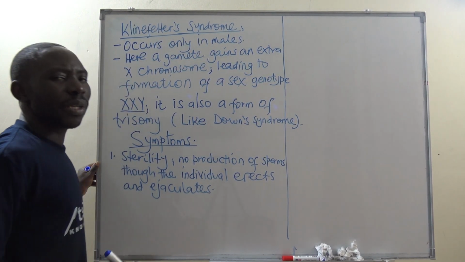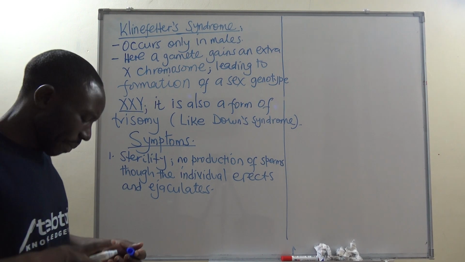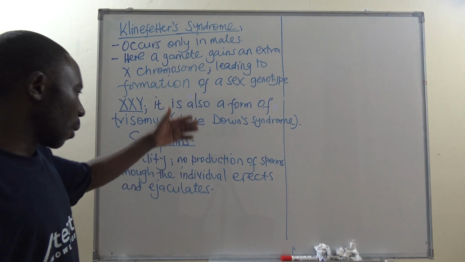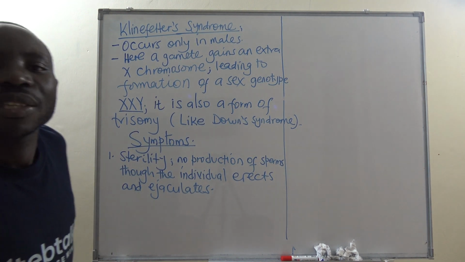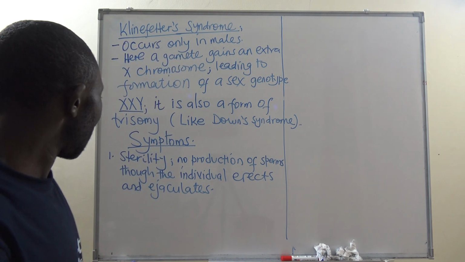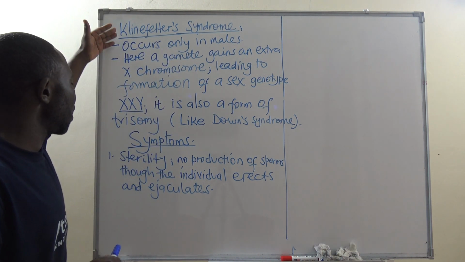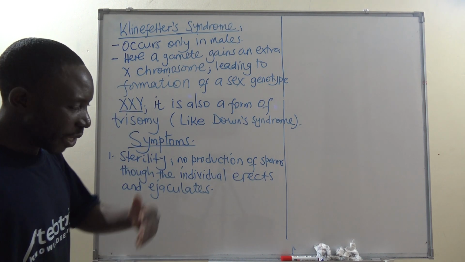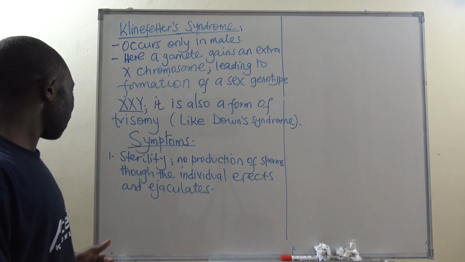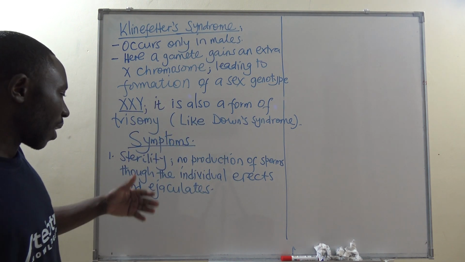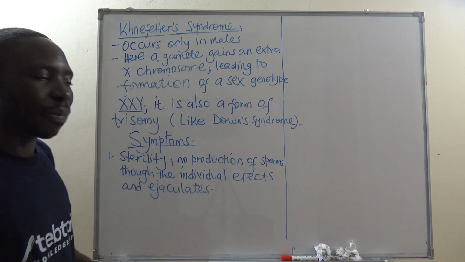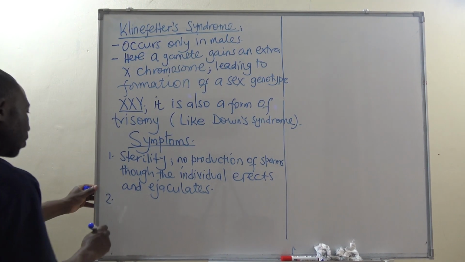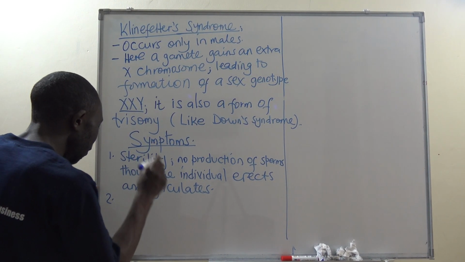So this is quite interesting, dear scholars, that here the male can produce semen with no sperm cells, which means sperm cells are never manufactured within a male who has Klinefelter's syndrome, but that male can erect, the penis can erect and ejaculate. So the person can ejaculate, but the semen has no sperm cells. So that is one.